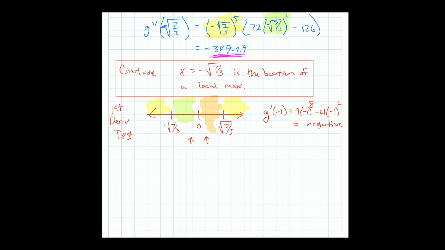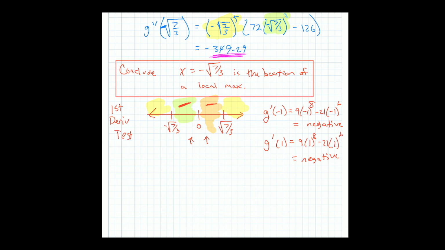Negative. So this is negative. And again, this is the first derivative test here, not the second derivative. So then I can check g prime of positive 1, which is going to be 9 times 1 to the 8th minus 21 times 1 to the 6th, which is also going to be negative. Yes, it is.